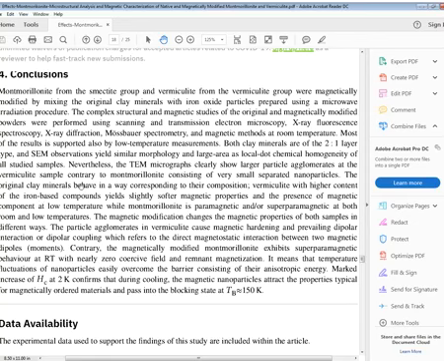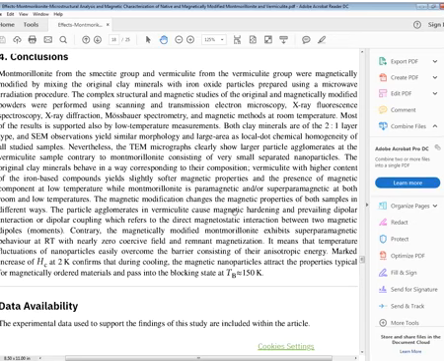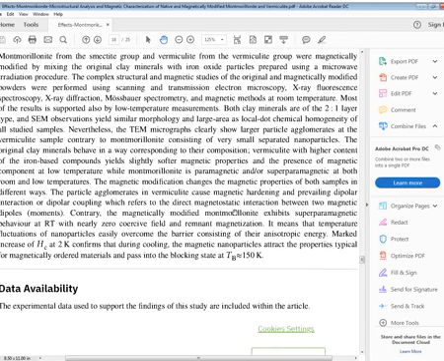Original clay minerals behave in a way corresponding to their composition. Vermiculite with higher content of iron-based compounds yields slightly softer magnetic properties and presence of magnetic components at very low temperature, while montmorillonite is paramagnetic and superparamagnetic at both room and low temperature.